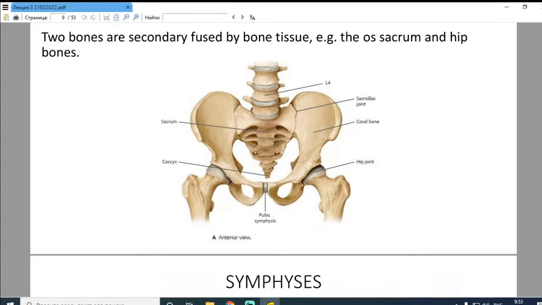This is a transverse line. It forms a unit, the organ os sacrum. And next, the hip bone consists of 3 bones.